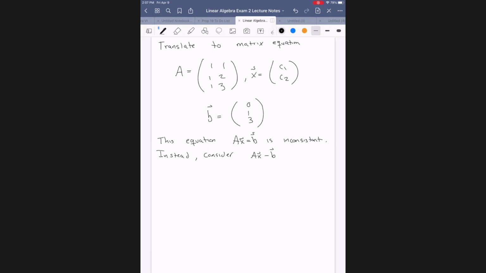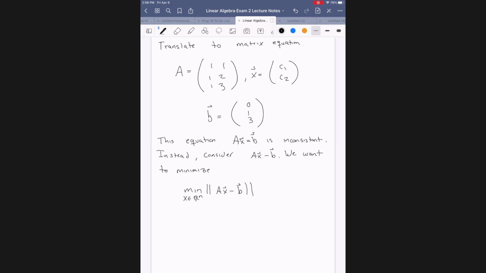However, since it's not consistent, we want to minimize the distance between AX and B. So we want to take the min of this basically over every vector in, I guess, Rn.